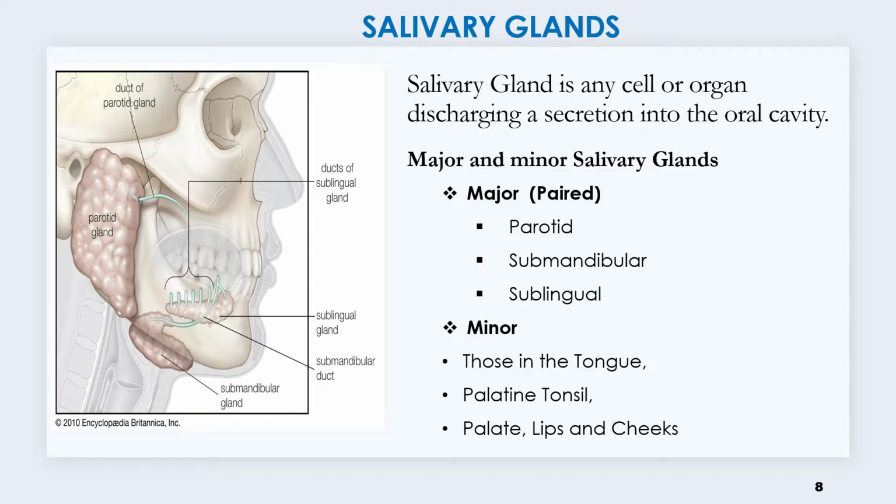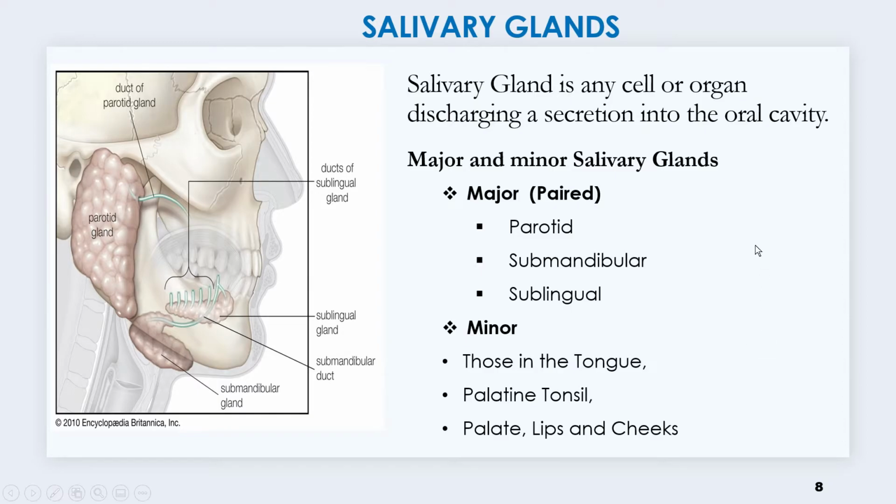Sometimes a single cell, a goblet cell, is responsible to release some amount of secretion that participates in the functioning of the saliva, right? So we can consider that cell as well as the complete organ, the gland that is secreting saliva. So the salivary gland is any cell or organ discharging a secretion into the oral cavity.